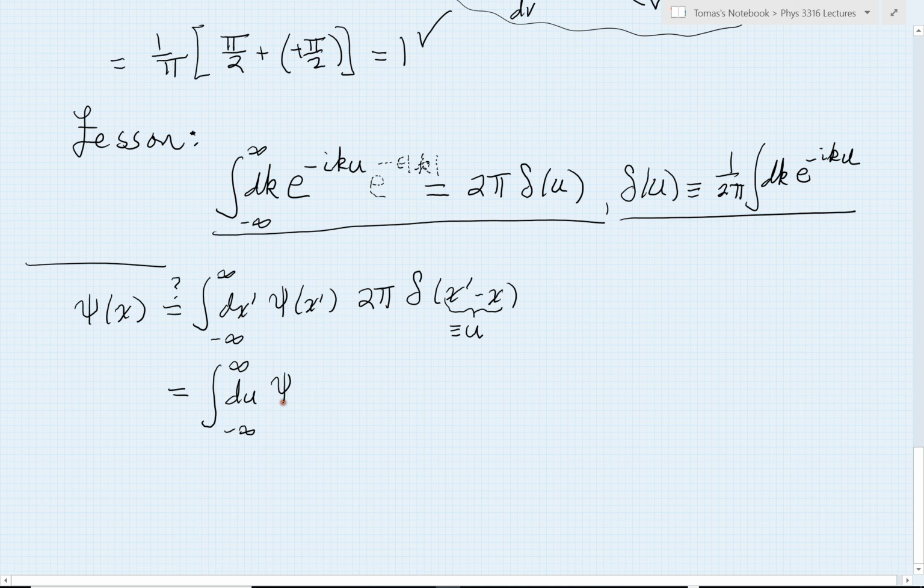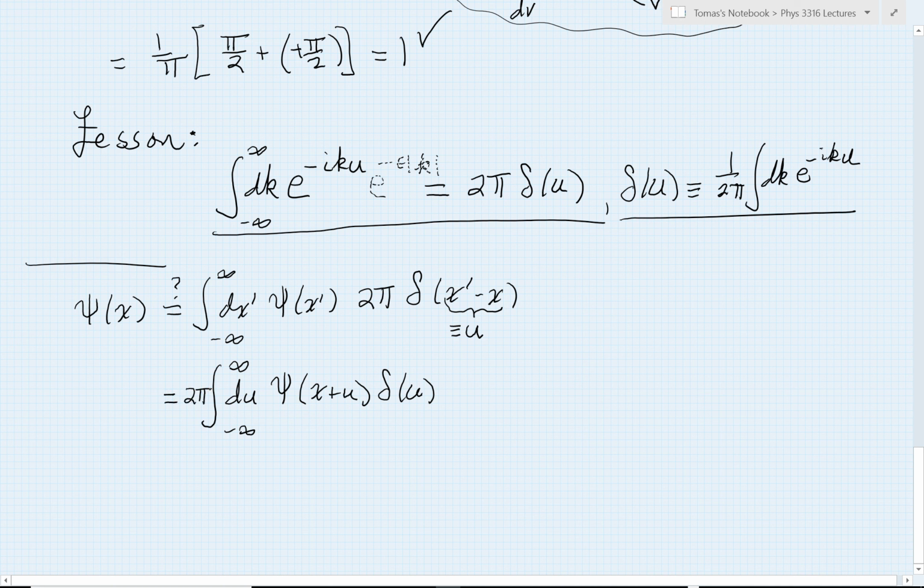Then I'll have psi. X prime now, from my change in variable, minus x is u, so x prime equals u plus x, or maybe better written x plus u. I have then my delta function of u. And I suppose, really, this 2 pi, it might be nice to bring that out in front of the integral.